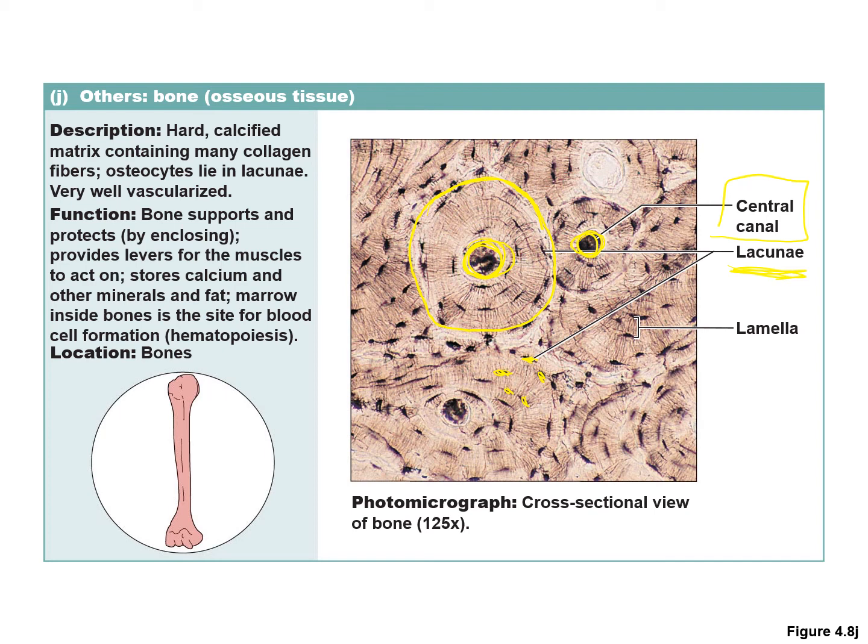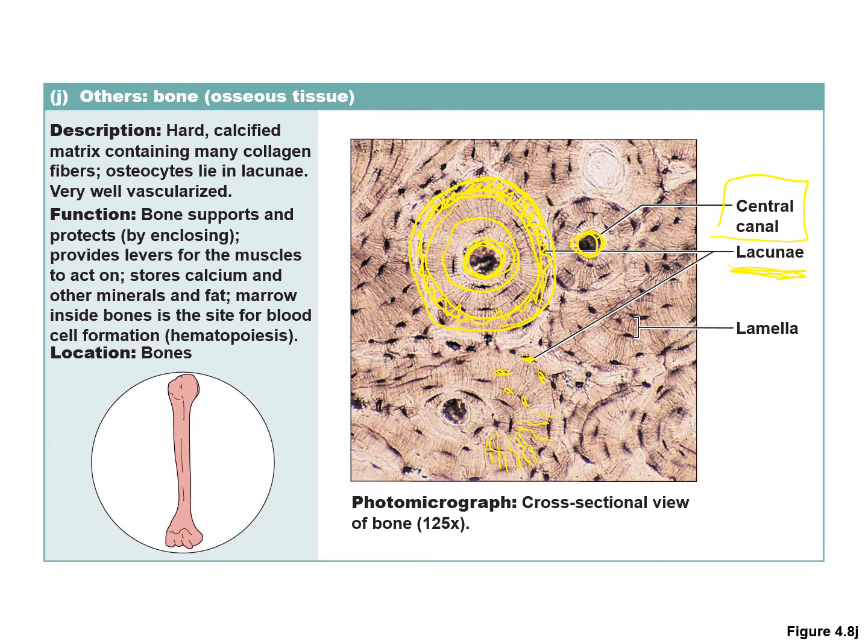Now what is lamella? Lamellae are those kind of rings, right? So look, this is one lamella, and then we have another lamella. So lamella is pretty much this circular structure. Another thing is these hair-like structures, called canaliculi.